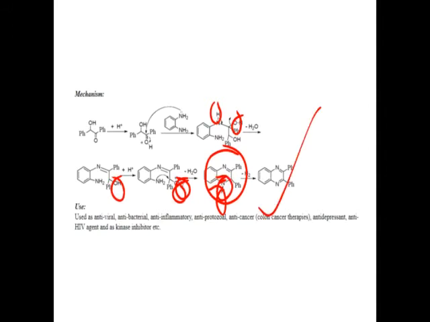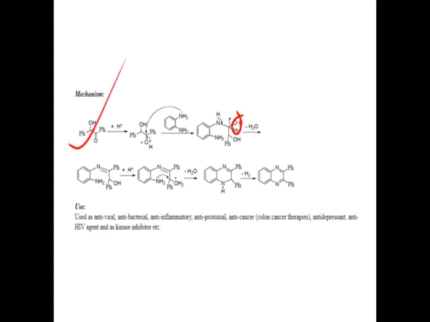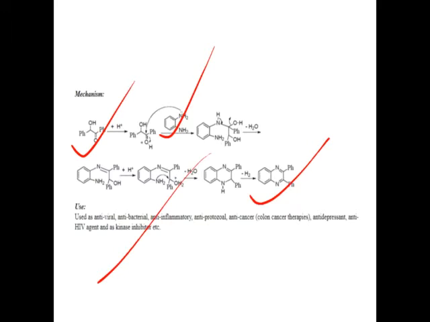That is the final structure, the 2,3-diphenylquinoxaline. So in this way, in multiple steps, 1,2-dicarbonyl compounds react with 1,2-diamines or aryl diamines to form the final product, 2,3-diphenylquinoxaline. This is used for antiviral, antibacterial, anti-inflammatory purposes.